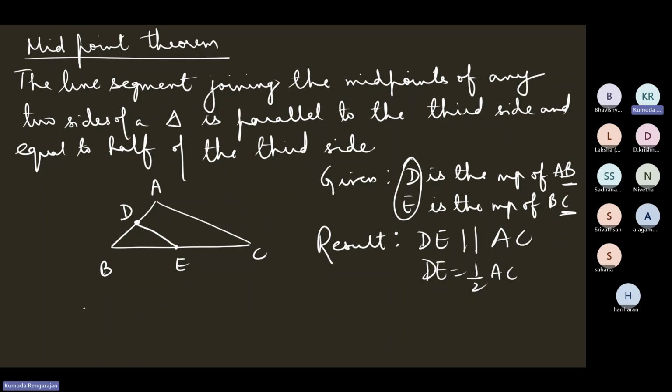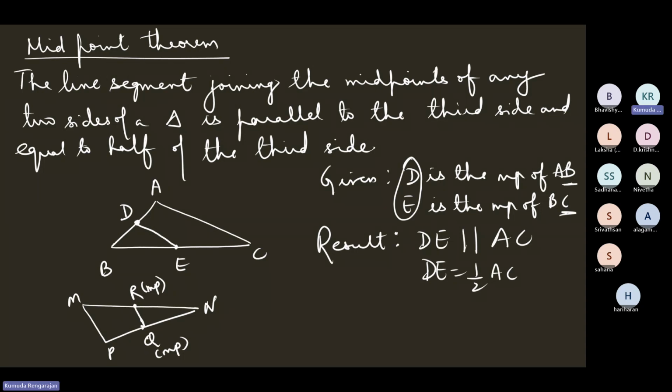See here, take this triangle. Say M and P. Okay, so it's given that Q is the midpoint of PN, and it's also given that R is the midpoint of MN.